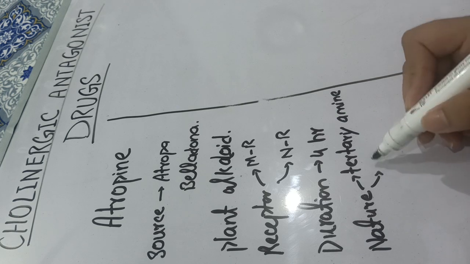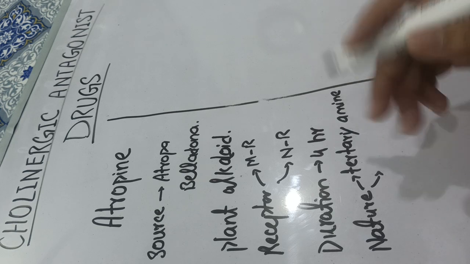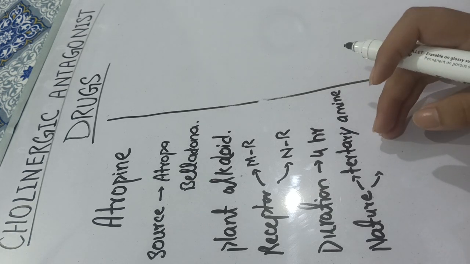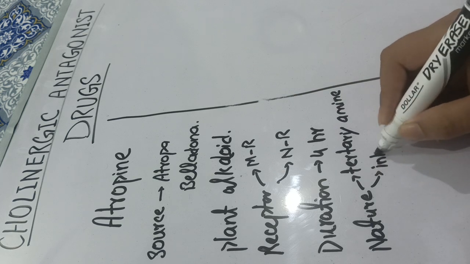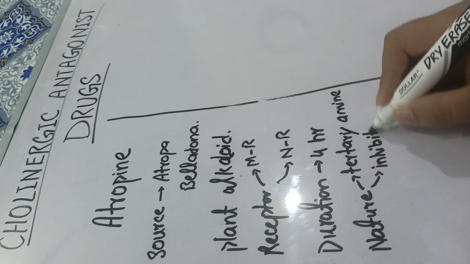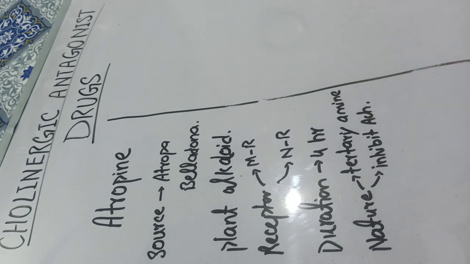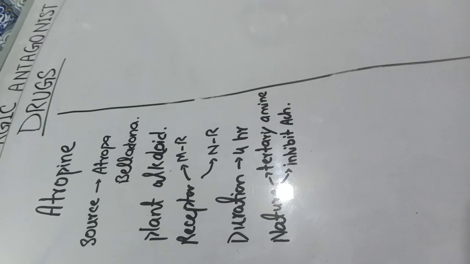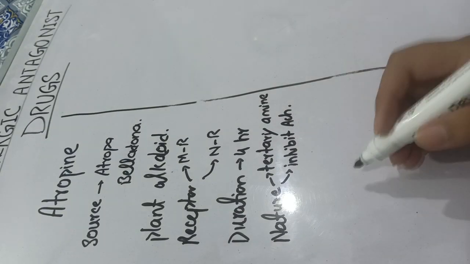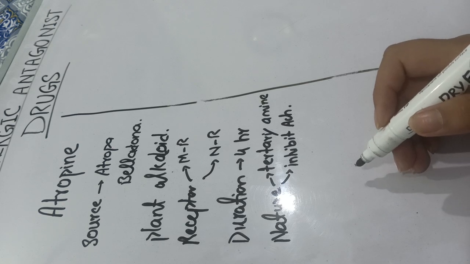Second, its nature indicates that it is a competitive inhibitor of acetylcholine, an inhibitor of cholinergic reaction. So it doesn't allow acetylcholine to bind on muscarinic as well as nicotinic receptors, and it binds itself with these receptors and performs specific types of actions.